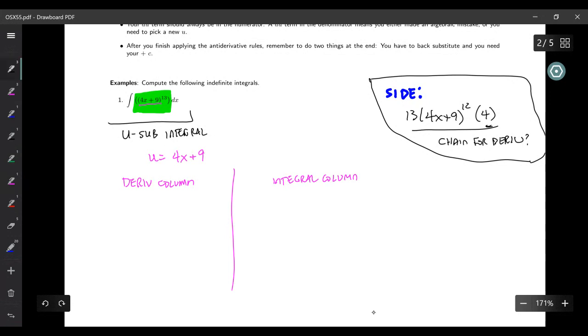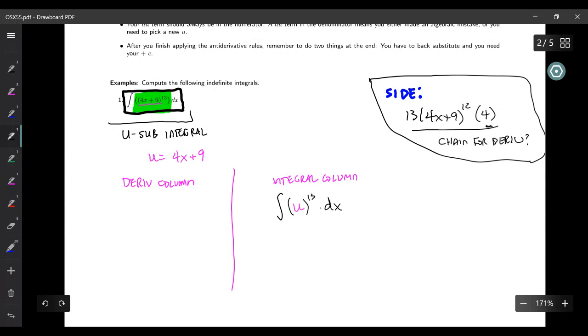Ultimately, my goal is to transfer this from letters of x to letters of u. So remember, we let 4x plus 9 be my U variable. So what we have right now is u to the 13th times dx.